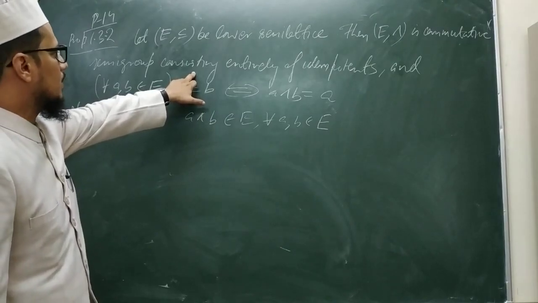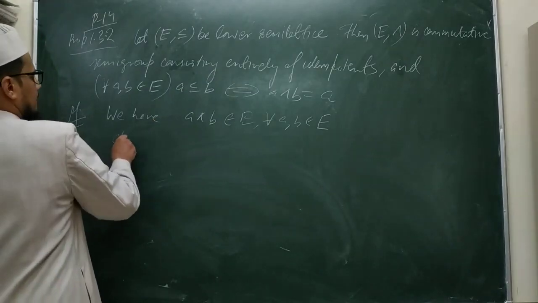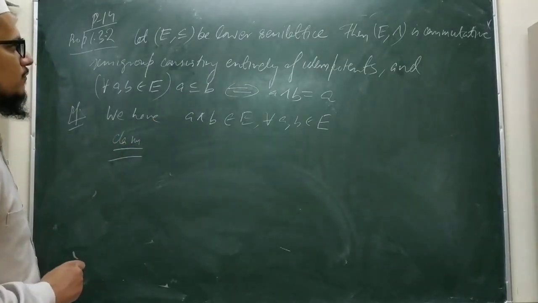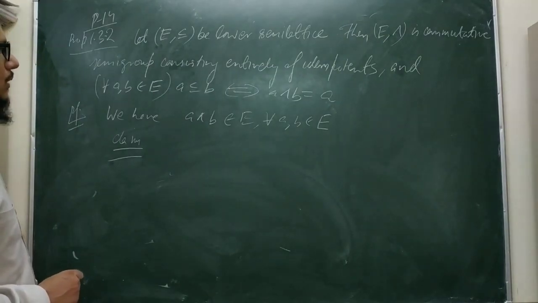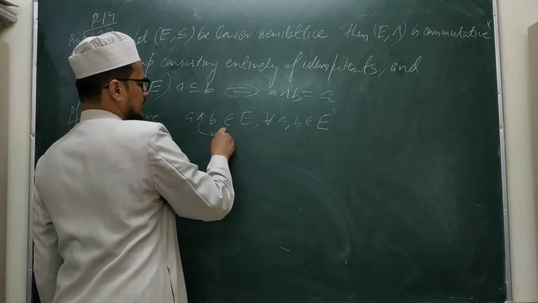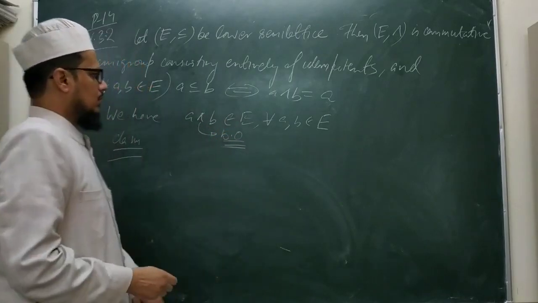Commutative semigroup consisting entirely of idempotents. That is what we have to prove. Basically, this works as a binary operation, isn't it?